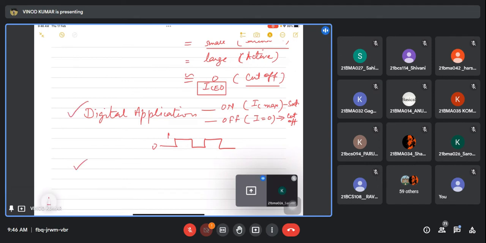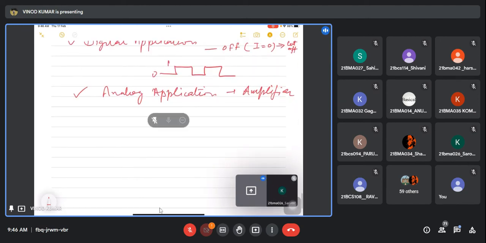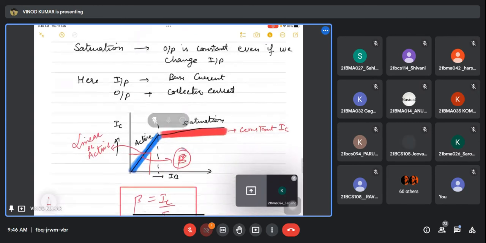But for analog applications like an amplifier, it is the active region. If you see, the current increases linearly in this region, 1, 2, 3, 4, 5, 6 like this.